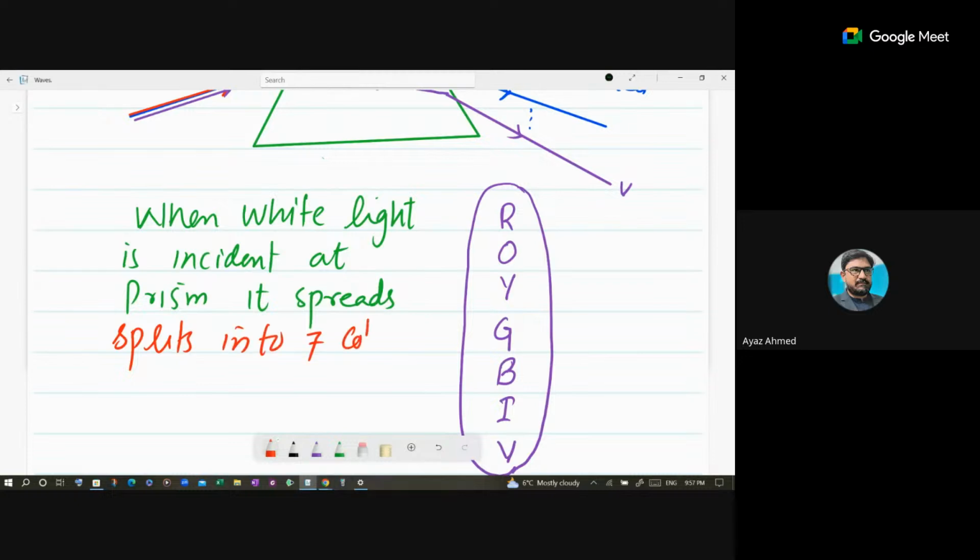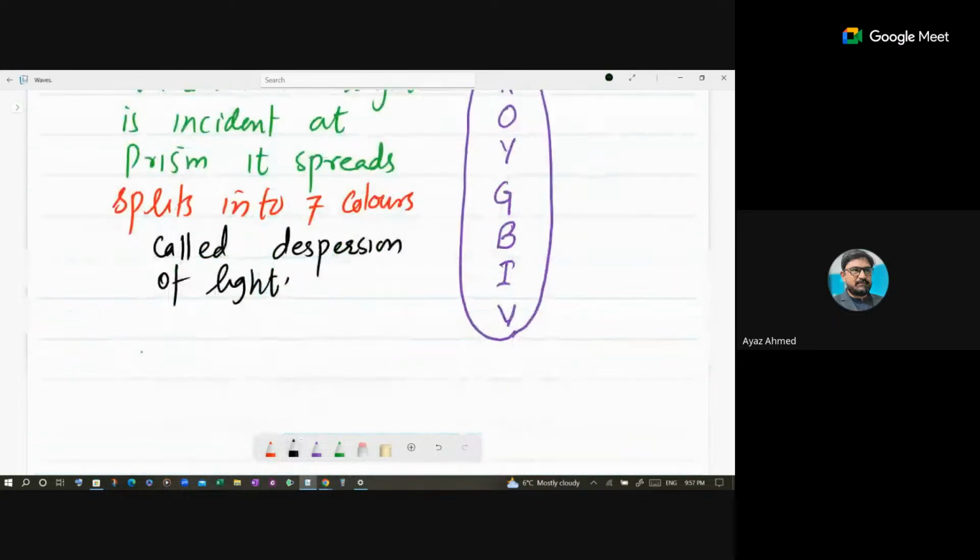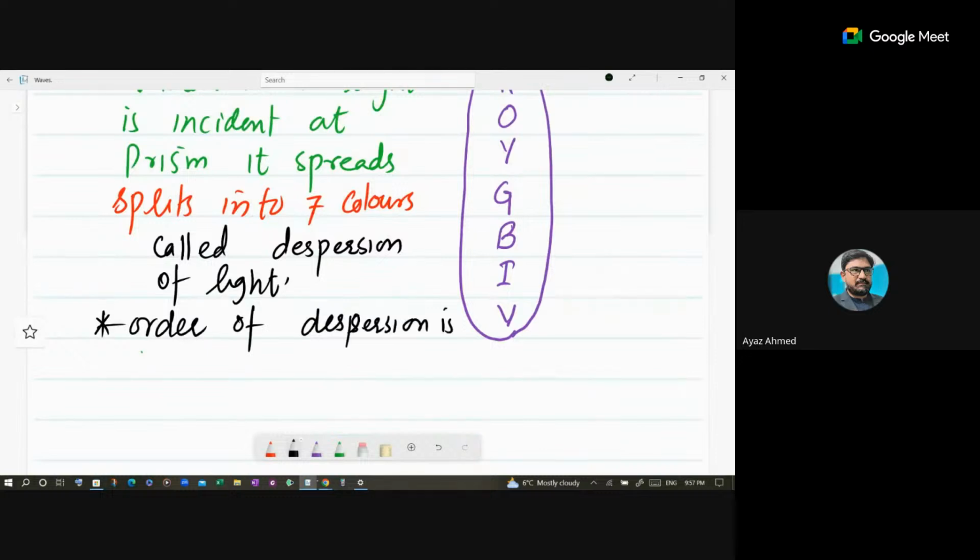This is called dispersion of light. And the order of the seven colors is the same one I have shown you: violet, then indigo, then blue, then green, then yellow, then orange, and then red.